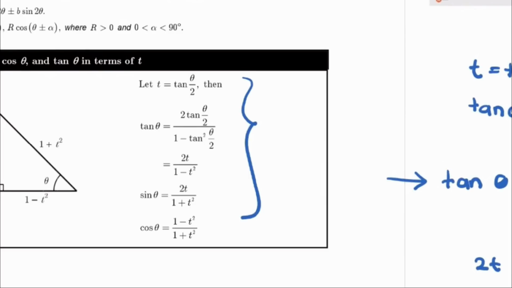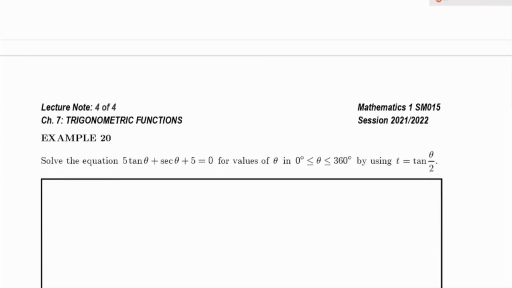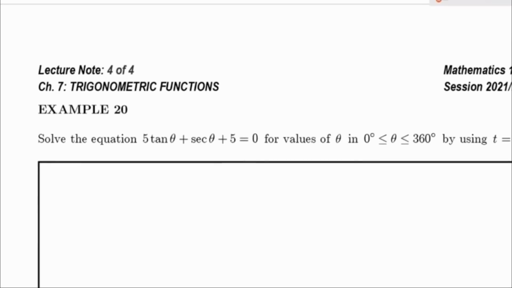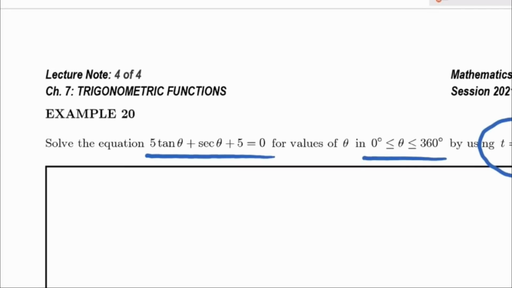Okay, look at example 20. Solve the equation 5 tangent theta plus secant theta plus 5 equal to 0, for the given range 0 to 360, by using t equals tangent theta over 2. So we start from t equals tangent theta over 2.